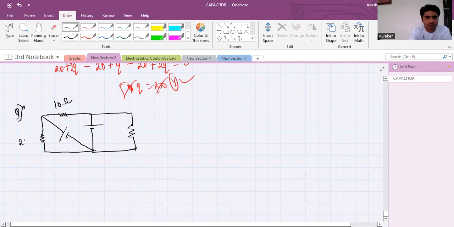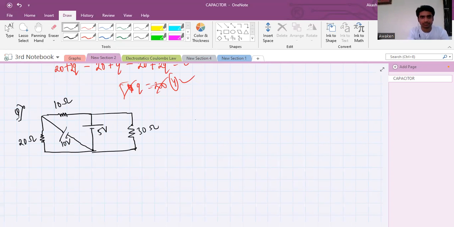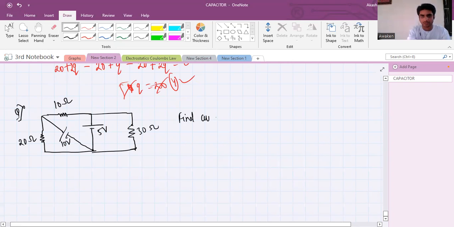Ten ohms, 20 ohm, 5 volt, 10. Can you tell the current through all the resistors in this case? Let's solve these kinds of questions. Find the current through all the resistors. If you can solve this question, then we'll go ahead with capacitors.